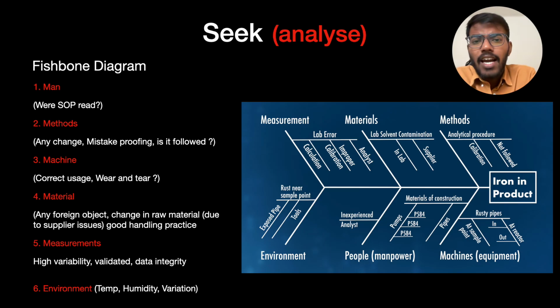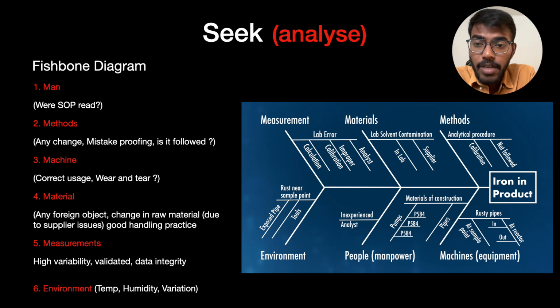The actual idea behind it is finding the root cause. Let's say iron in the product, which is not supposed to be there, is the problem, and then the other questions will be in the form of the bones in the fish, and the root cause is the head of the fish, which resembles a fishbone diagram.